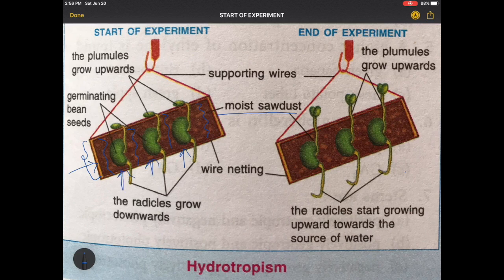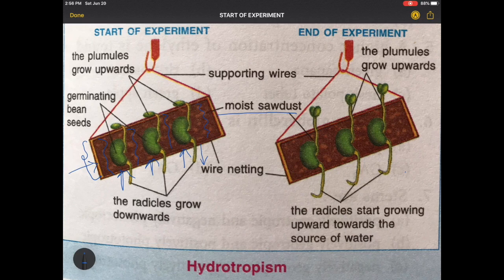We will wait for a few days and we will see that the seeds will start germinating, and the radicles in the beginning grow downwards through the wire netting. It will start growing in the downward direction because of course geotropism is there, it moves towards gravity.